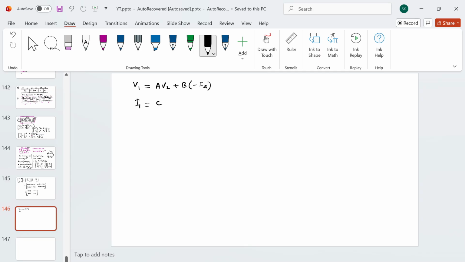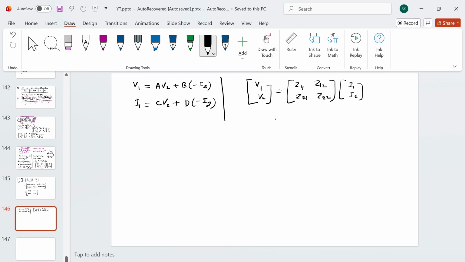I1 is equal to C V2 plus D minus I2. Okay. So this is the ABCD parameter relationship. But I must get a relationship of V1, V2 equal to Z11, Z12, Z21, Z22 into I1, I2 format. This format I know. That means V1 should be Z11 I1 plus Z12 I2. V2 should be Z21 I1 plus Z22 I2.